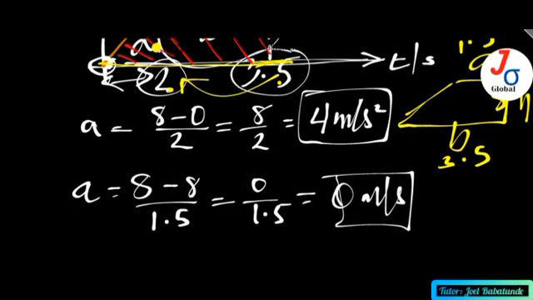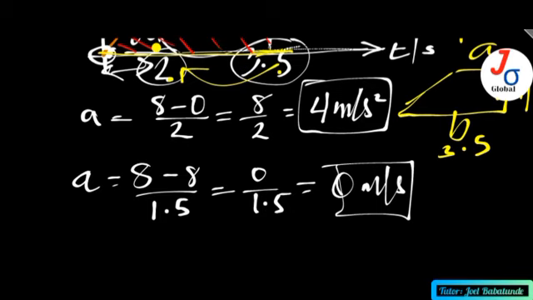So can we put that into the formula for a trapezium? The area is half (a plus b) times h.